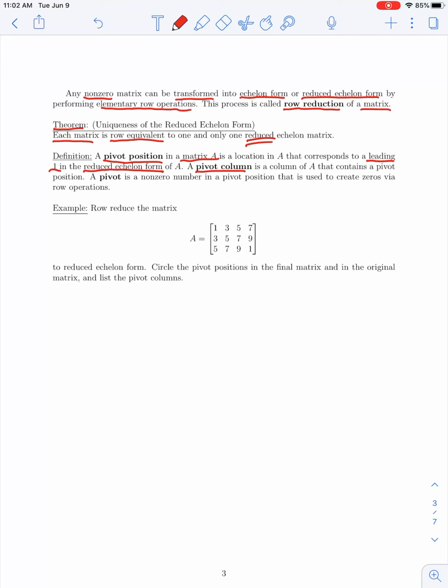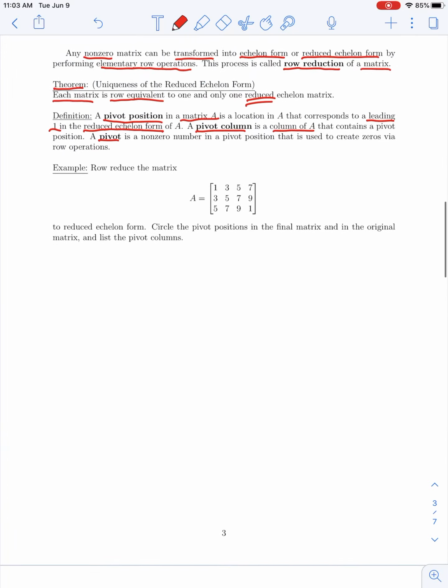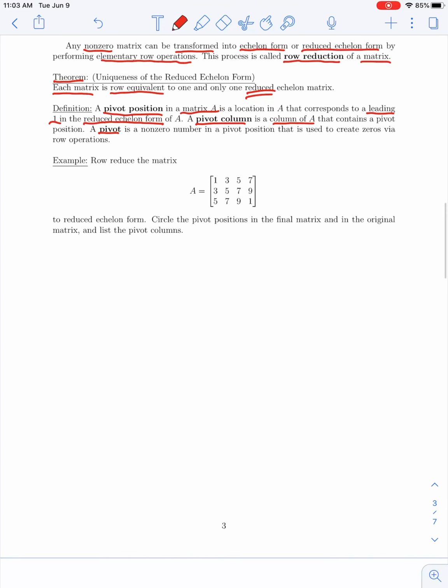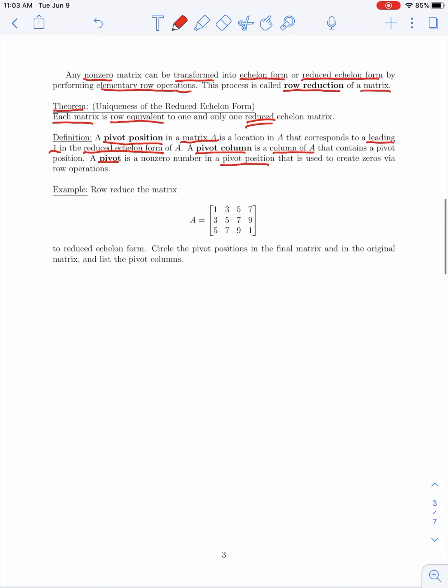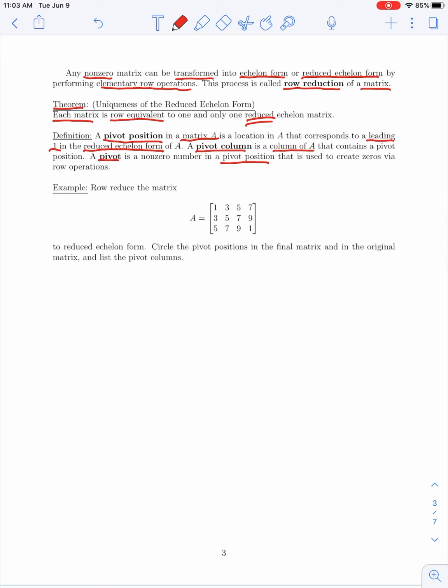And a pivot column is a column of the matrix A that contains a pivot position. So any column containing a pivot position is called a pivot column. And a pivot is any non-zero number in a pivot position that is used to create zeros via row operations. So here we've worked with pivots a little bit already. It's any number in a pivot position that we use to kill off constants in rows above or below that pivot.